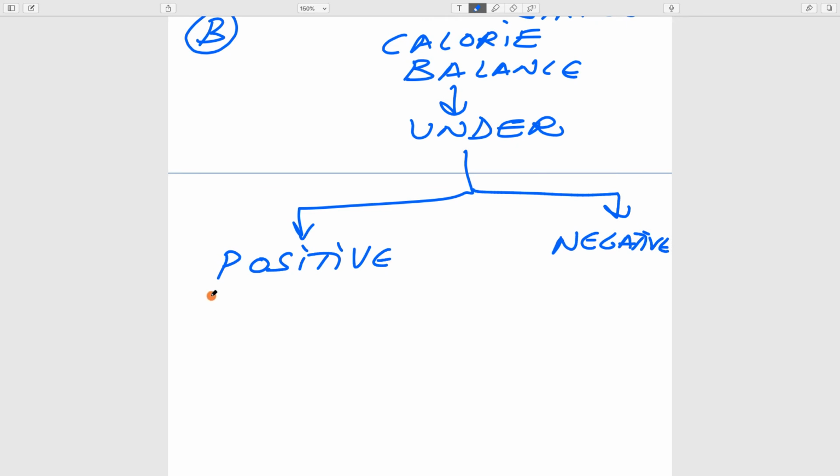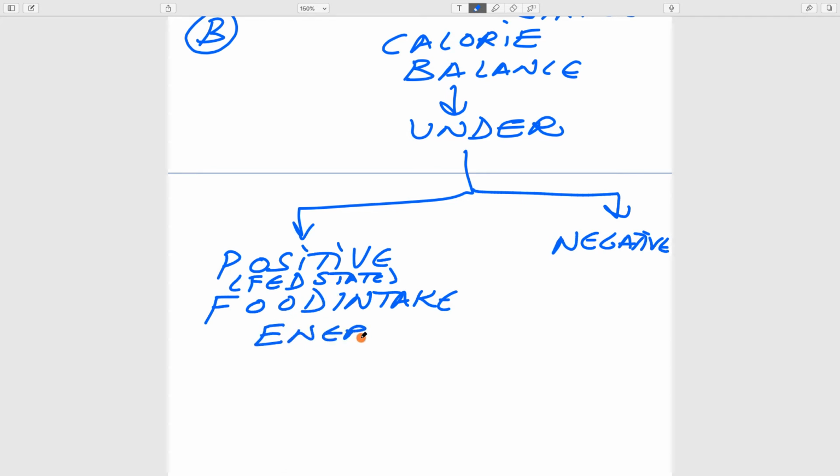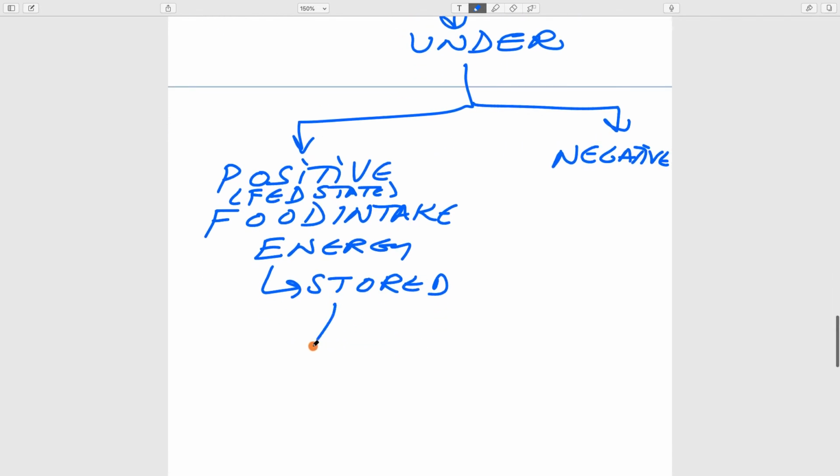When food intake takes place, in other terms the fed state, the energy is stored either in the form of glycogen or fat, or both.